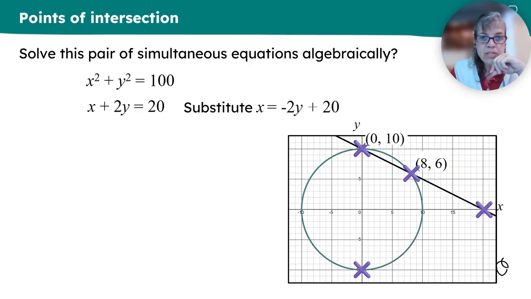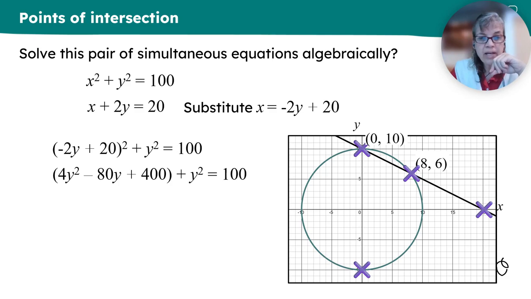So I would substitute x is equal to minus 2y plus 20. That's just by rearranging. And then I can substitute that into my first equation. Again, to do it algebraically, I have to do some expansion and not lose my negatives. And then I need to simplify it and pull the things together.